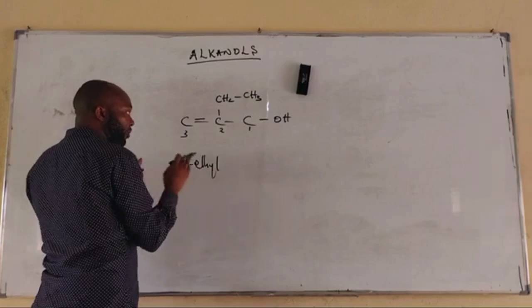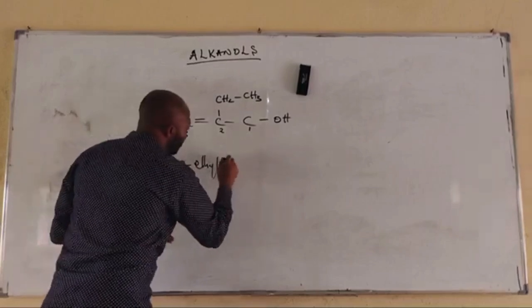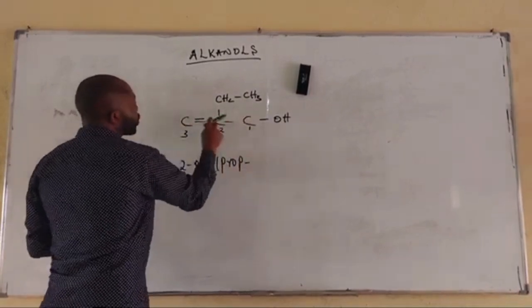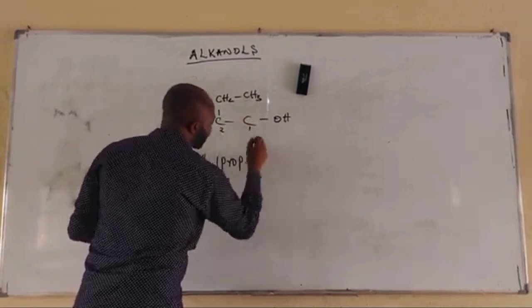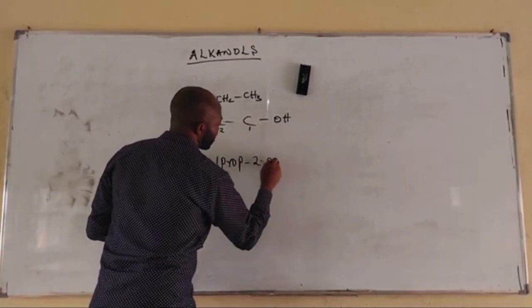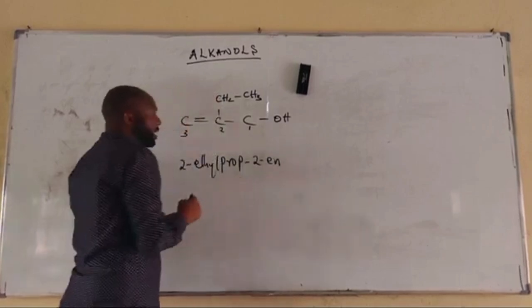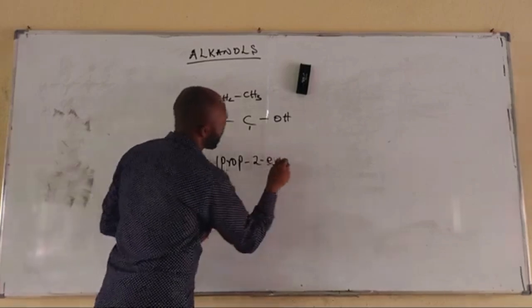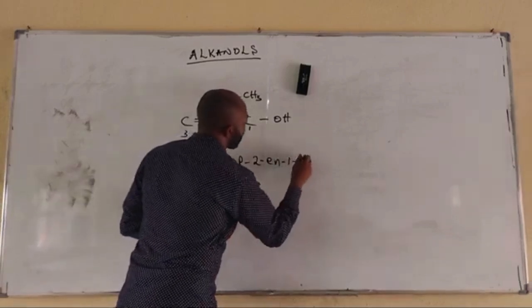If that is a substituent, now this is 2-ethyl prop-2-ene. This ene tells you that there is a double bond, 2-ene, 1-ol.